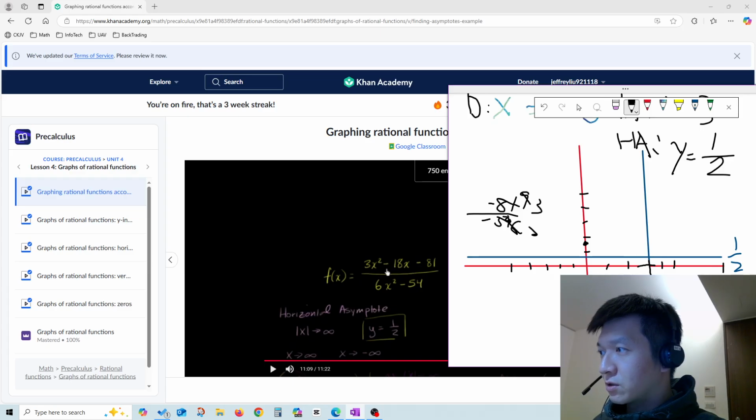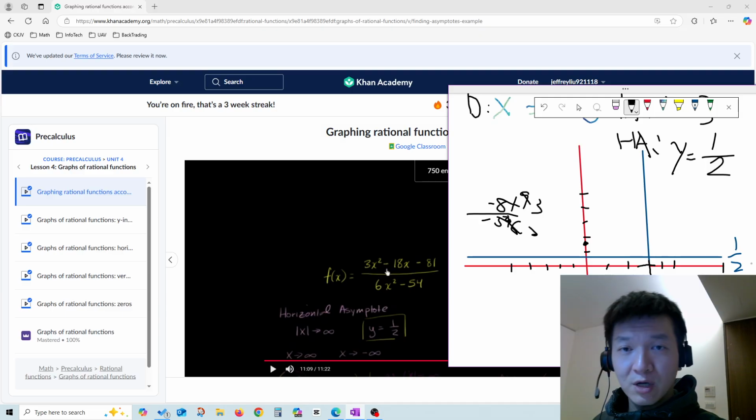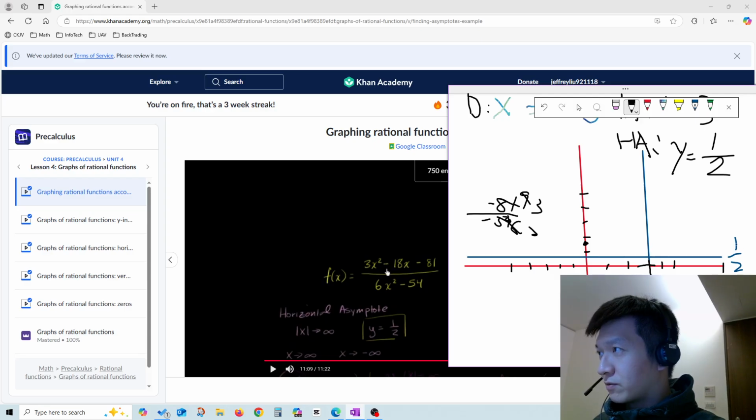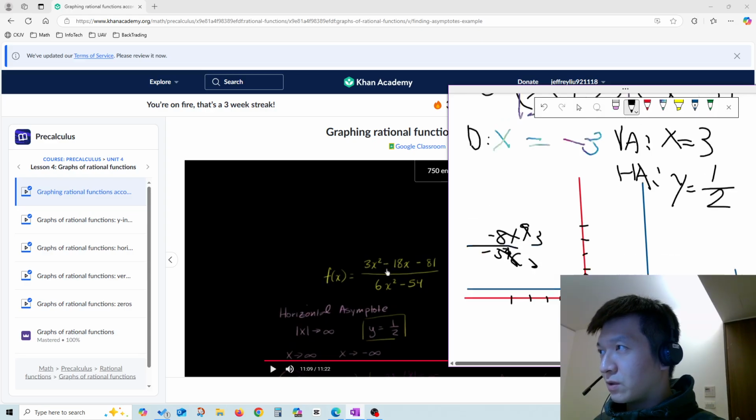So we're guessing this is approaching the 3, which is your vertical asymptote, crossing the 9, and towards, but never touching, y equals 1.5, right? So that's just us guessing here.